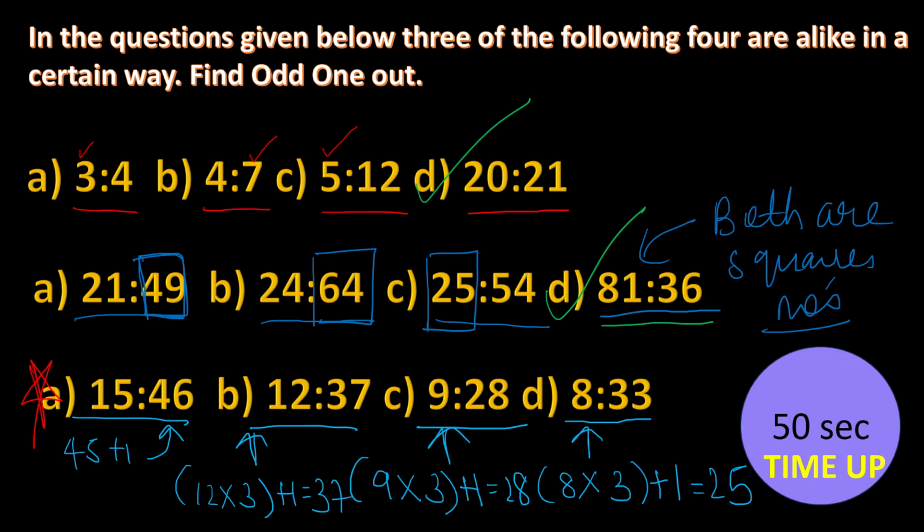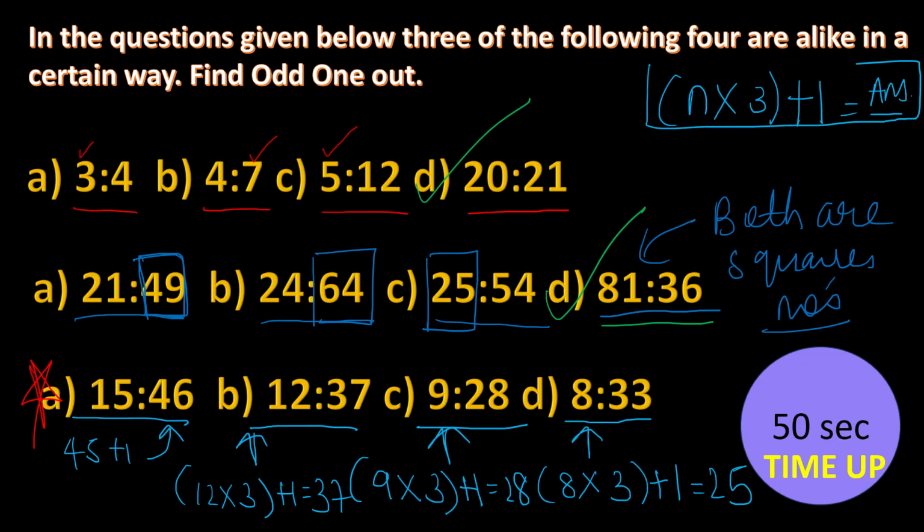So here what logic is used? N into 3 plus 1 will give you the answer. This logic has been used here. N means the number. Like if you take in this example, 15 is the number. So 15 into 3 plus 1 when you do, you will get 46 as the answer.